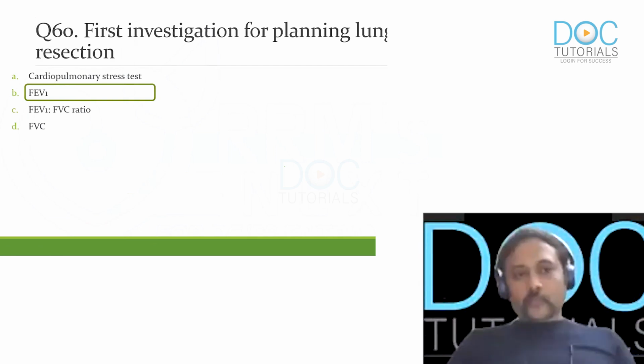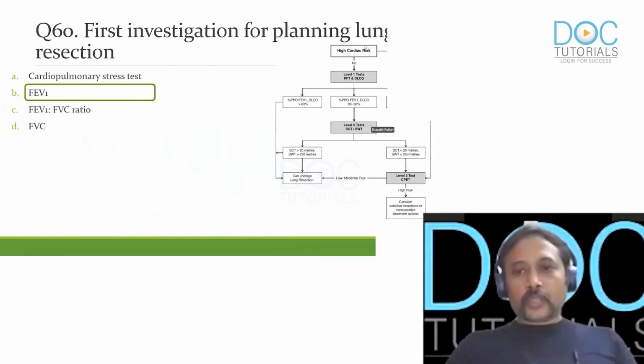So when you talk about FEV1, that is going to be the first test that you're going to do. There is a sequence of events that you follow when you're going to resect a pulmonary tumor. First thing is whether it's an extremely high cardiac risk patient who has a triple vessel disease, a cardiac bypass, all this kind of thing. Then straight away you're going to need a level 3 cardiopulmonary exercise test or a cardiopulmonary stress test.